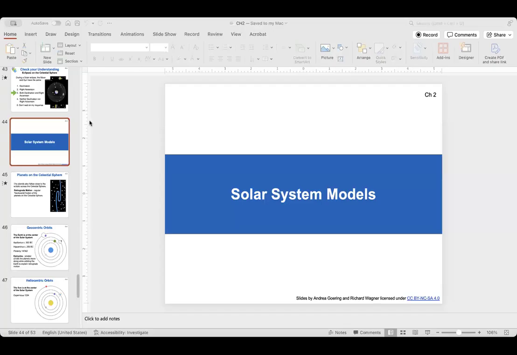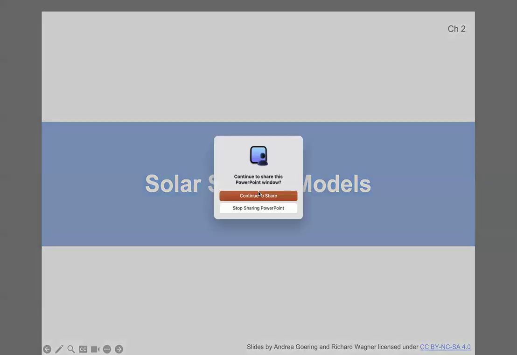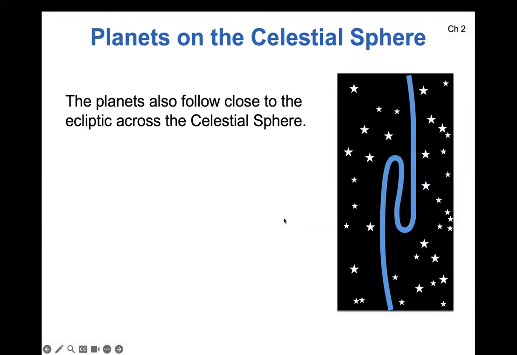All right, so finishing chapter 2 with the last of the three sections, solar system models. What have we been talking about in chapter 2 so far? Celestial sphere, mostly, right?